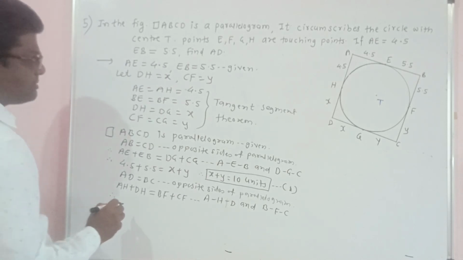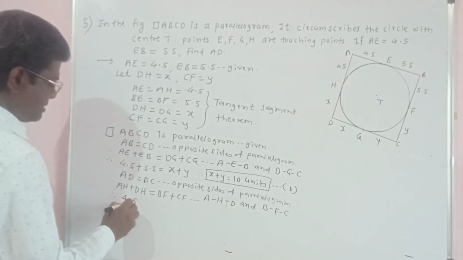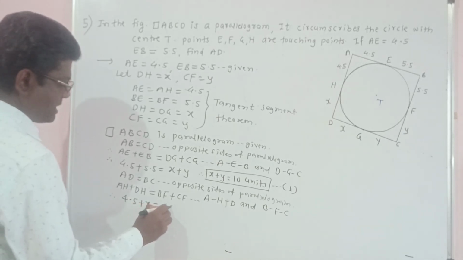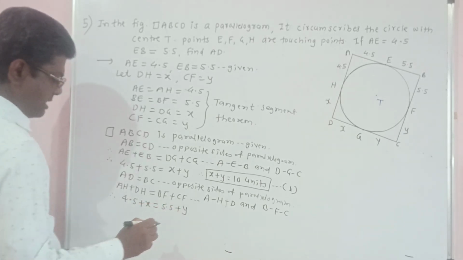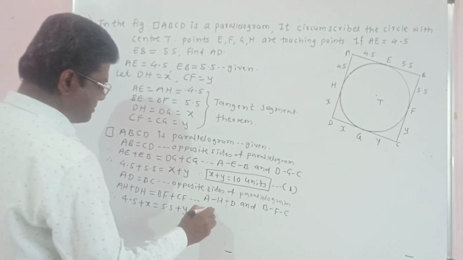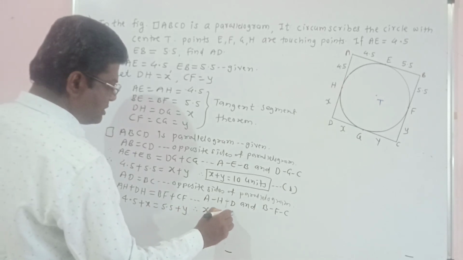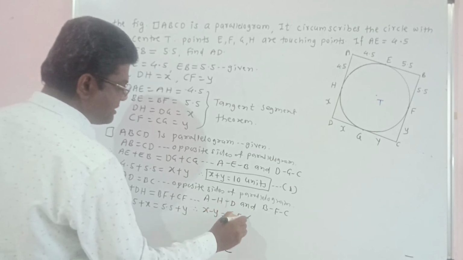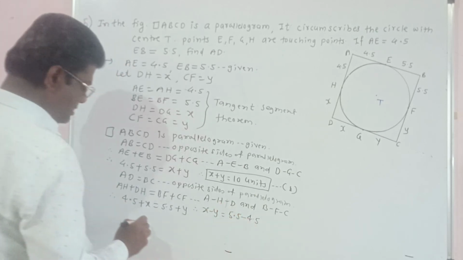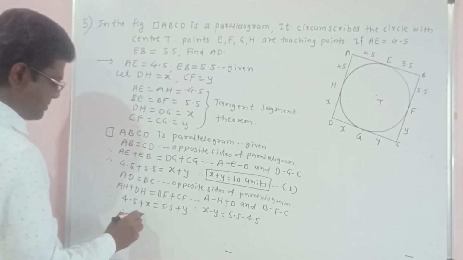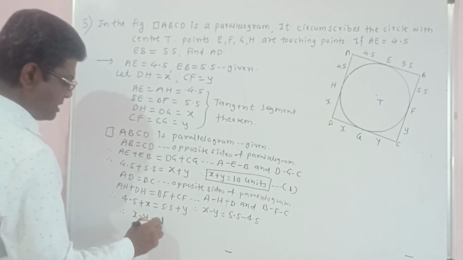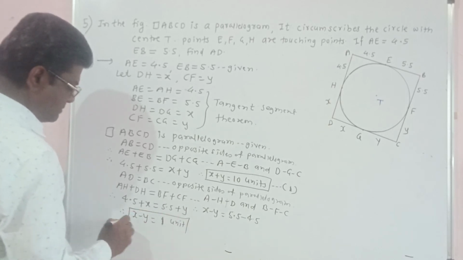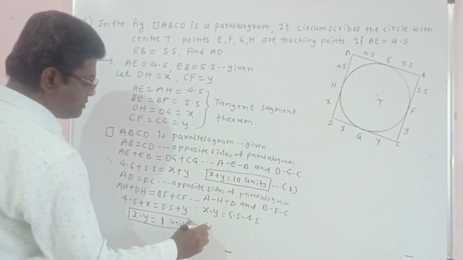Now AH 4.5 plus DH is X is equal to BF 5.5, CF is Y. From this, X minus Y is equal to 5.5 minus 4.5. Therefore, we have X minus Y is equal to 1 unit. This is equation number 2.